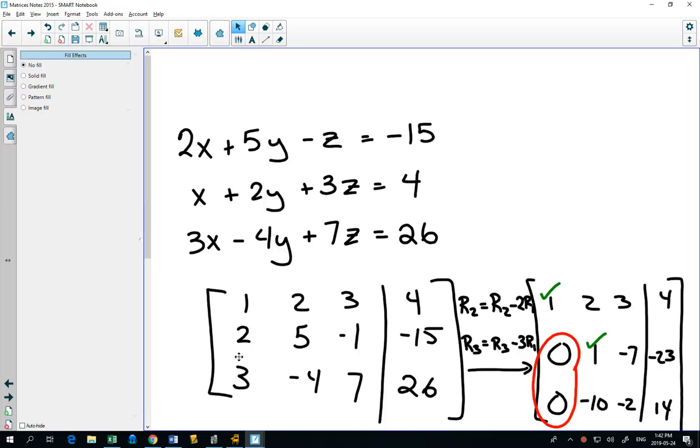If I picked 1, 2, 3, this would be 2 times 1, 5 times 2, minus 3. I'd write a 9 there. And you can make your own system where you know what the answer is supposed to be. Then, if you make a mistake, you can do mini checks along the way, because you know what y should be, you know what z should be. Is minus 10y's minus 2z's equal to 14? You can check that as you go.